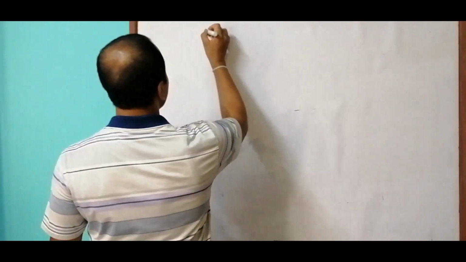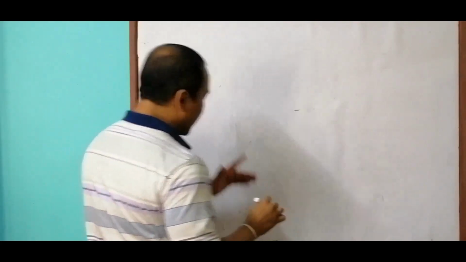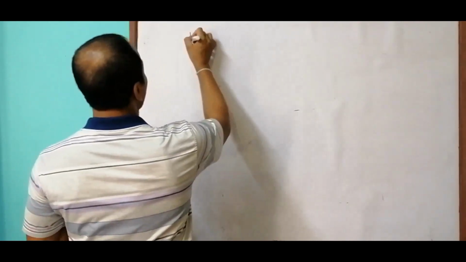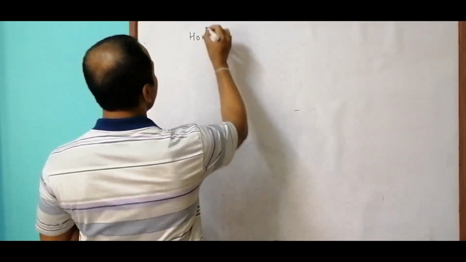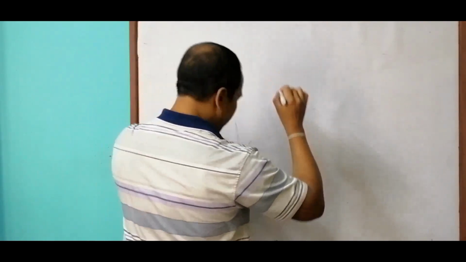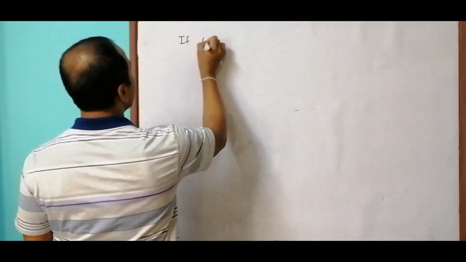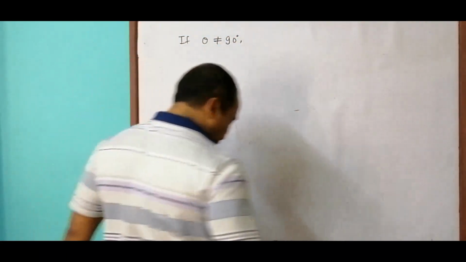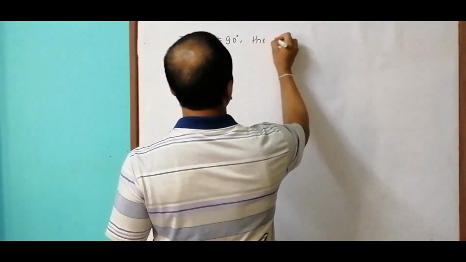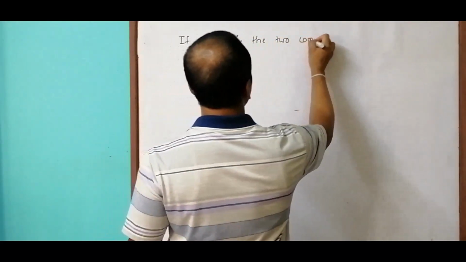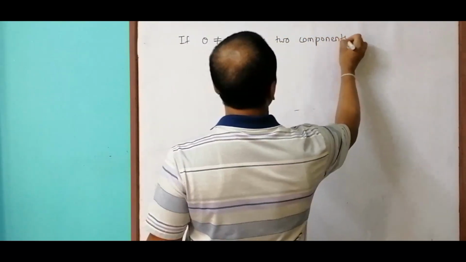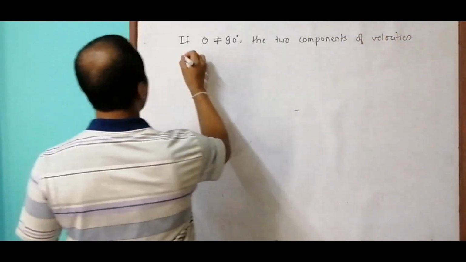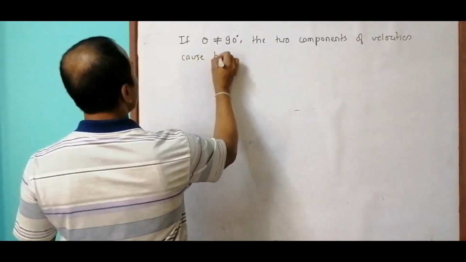So let's write this first. If this angle is theta, so if theta is not equal to 90 degrees, the two components of velocity cause helical motion.